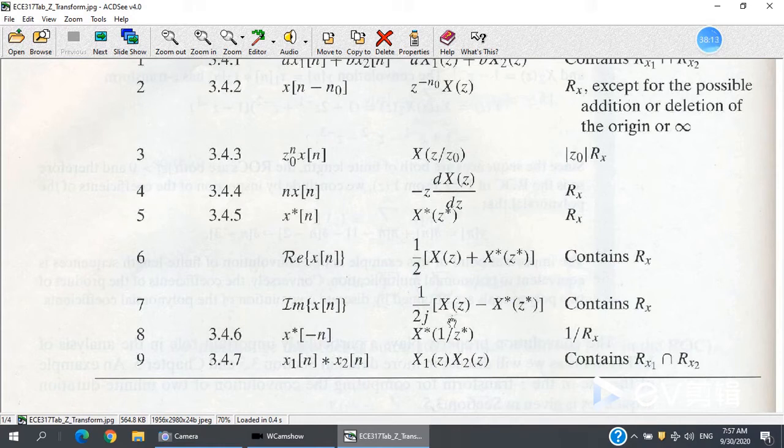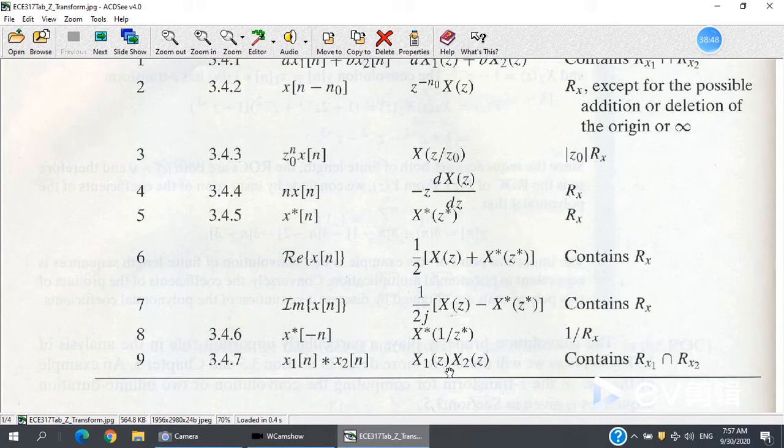And among these, we have several things that are important. One is the convolution one, the last one. When you have two signals, you do convolution in the time domain, then you perform the z transform. In the z domain, you will have a multiplication, capital X1 times capital X2, the z transform of the first signal times the z transform of the second signal.